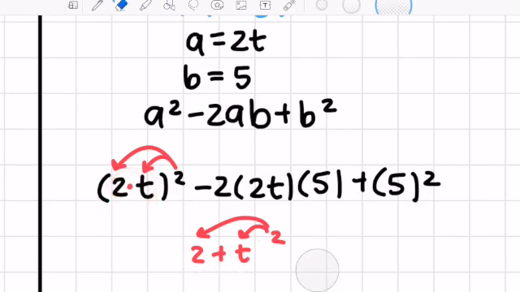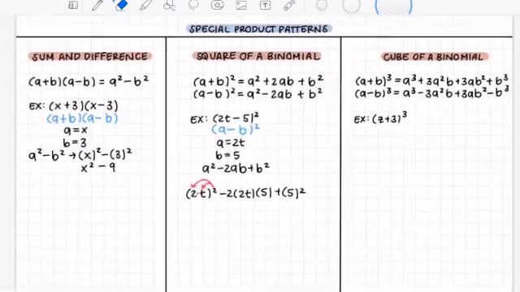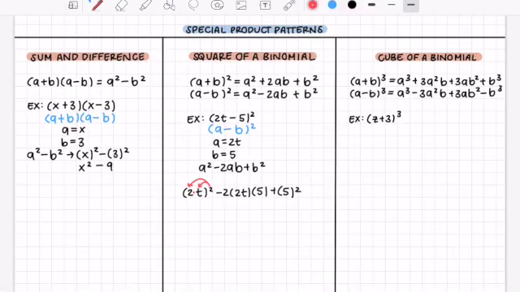You don't have to worry about not distributing the exponent. So if I distribute it, I get 2 to the power of 2, t to the power of 2. This becomes negative 2 times 5, which is negative 20t, and this becomes 25. So we get 4t squared minus 20t plus 25 as my final answer.